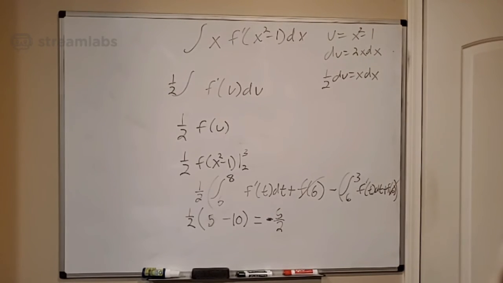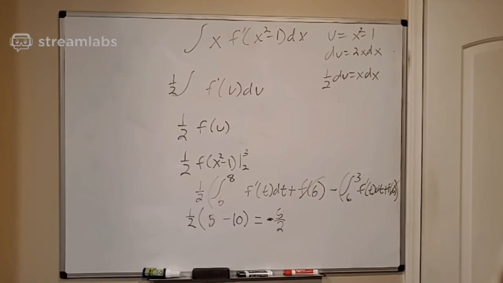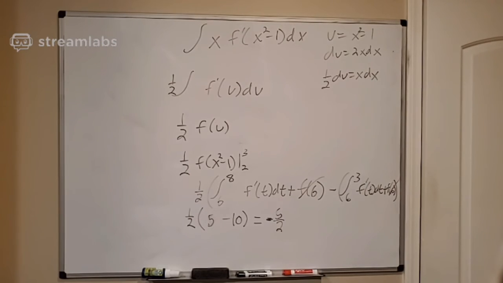What happened to the x? What x? Like the x in the very first line. It got absorbed by the du. Oh, it's x dx. Yeah, okay. I didn't see that small x. Never mind.